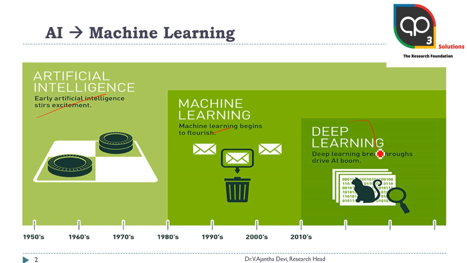Deep learning is a subpart of the broader family of machine learning, which makes use of neural networks, similar to how neurons work in our brain, to mimic a human brain.